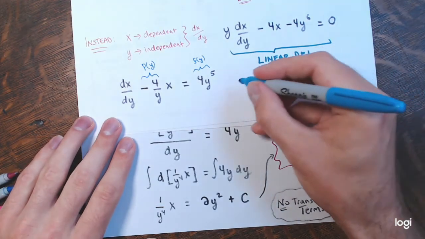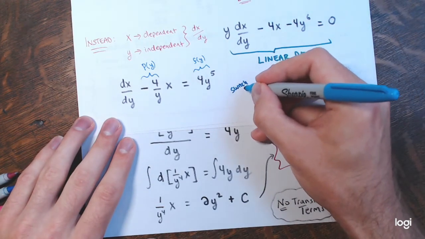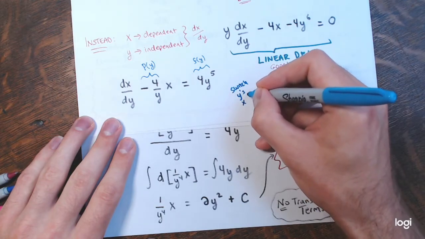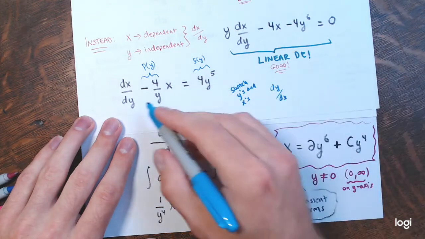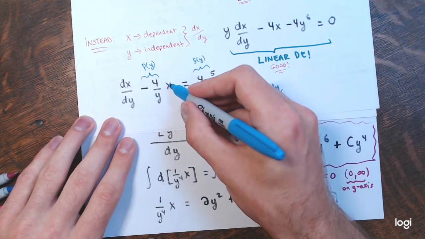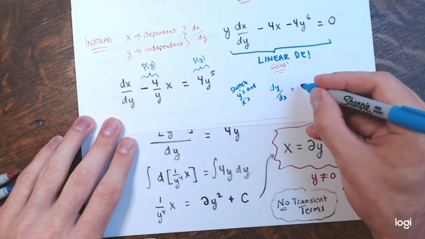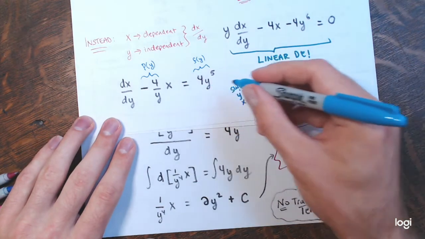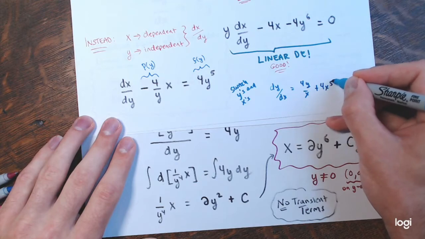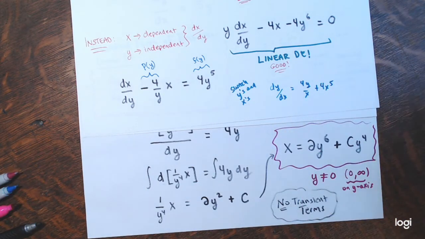If I just switch the y's and x's, we'd have dy dx, and this would be y over x. So I would add that, so 4y over x, and then plus 4x to the fifth, right? I'll just write it this way if I'm looking for a slope field.